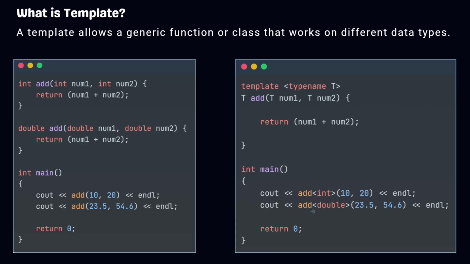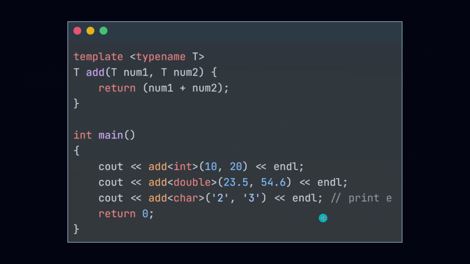Now what happens if the user calls the add method with some inappropriate data type like this? Consider this template add method with T num1 and num2, the same one we saw earlier. Now here we are calling add with char and passing the character arguments 2 and 3.